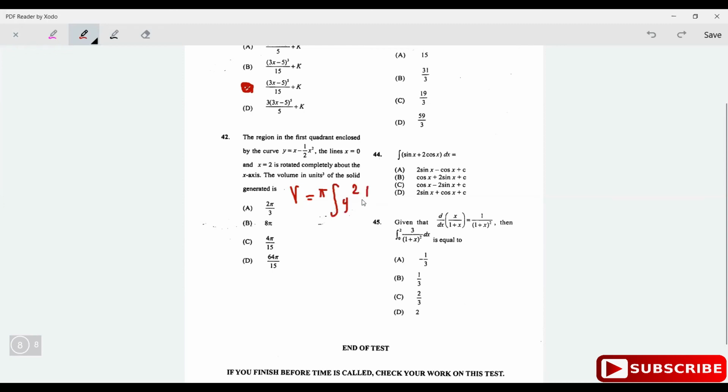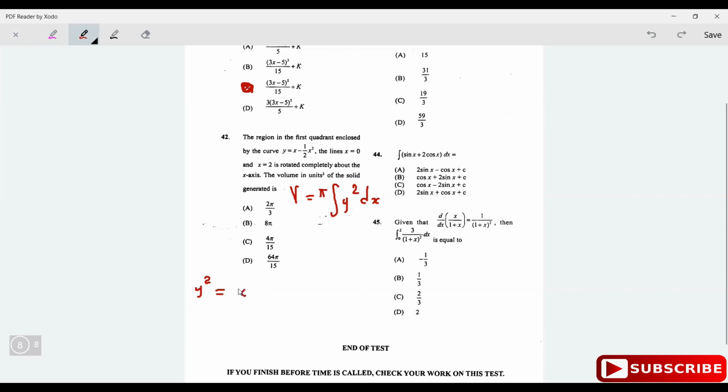That's the formula for volume. First, find what y squared is. So y squared would be equal to x minus a half x squared, all squared.